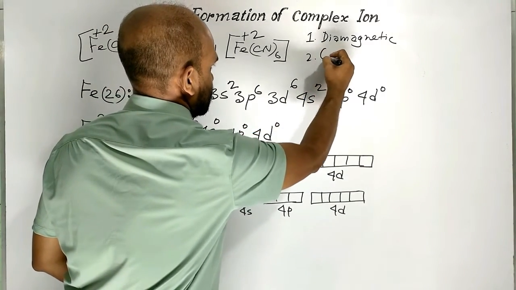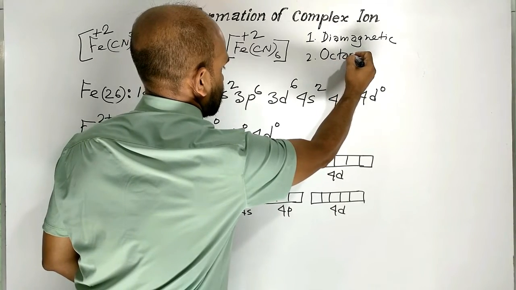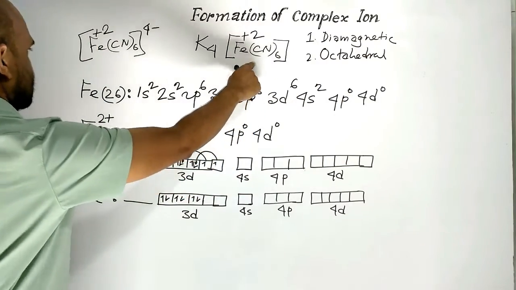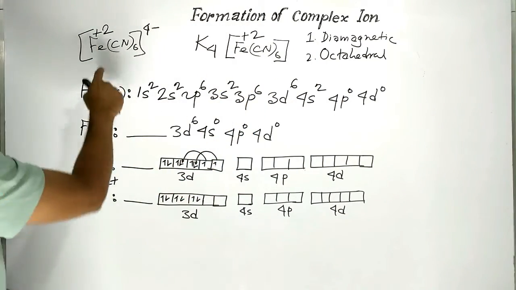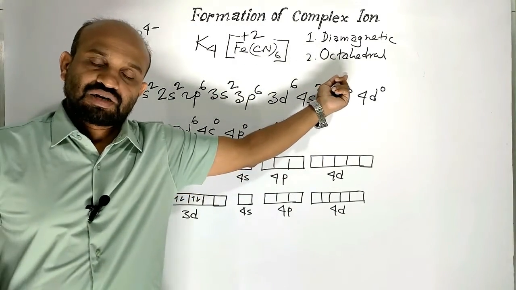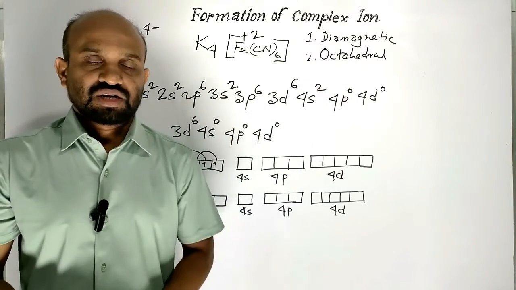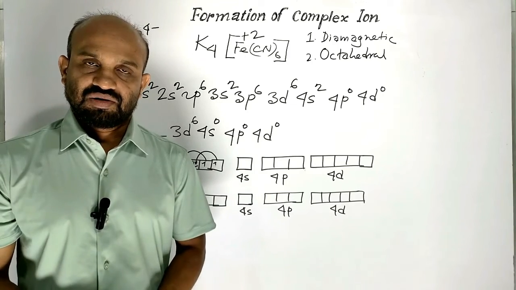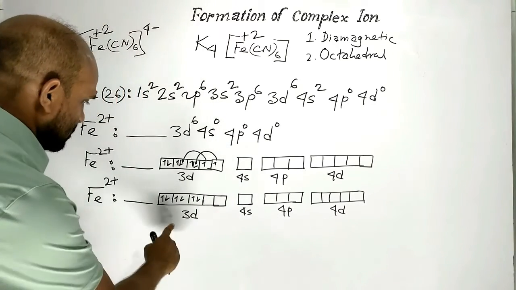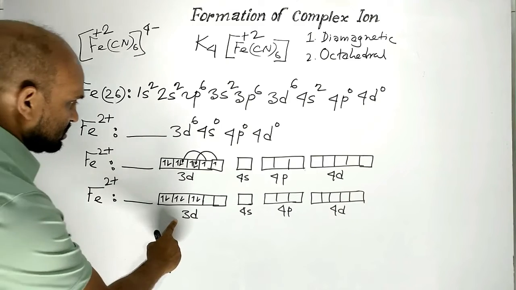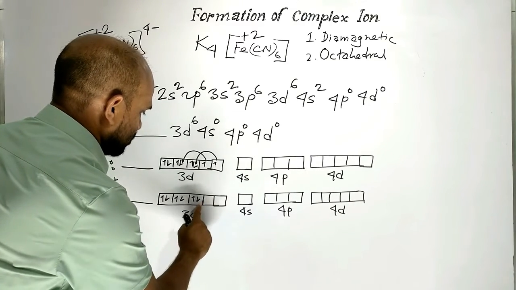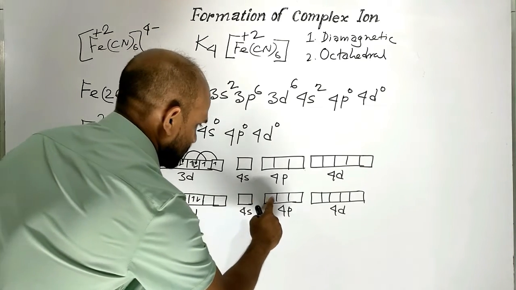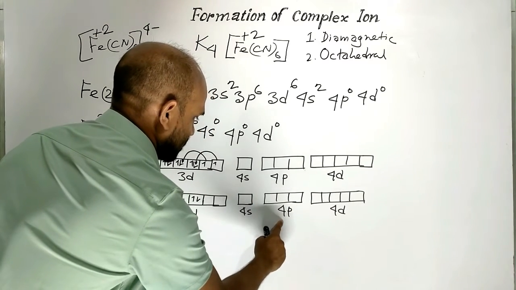Number 2, this complex ion is octahedral in shape. If it is octahedral in shape, then what is its hybridization? Let us look at the matter. Here hybridization is these two 3d orbitals, one 4s orbital and these 3 4p orbitals.